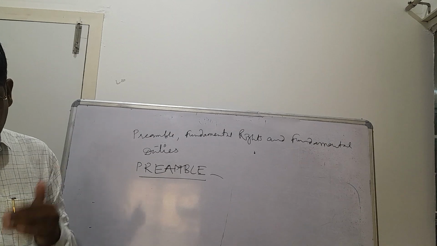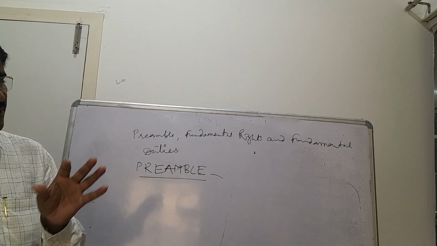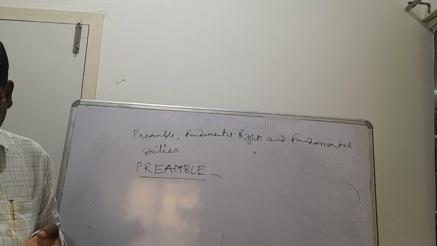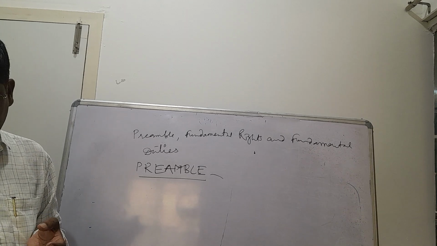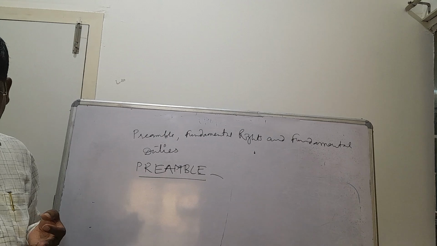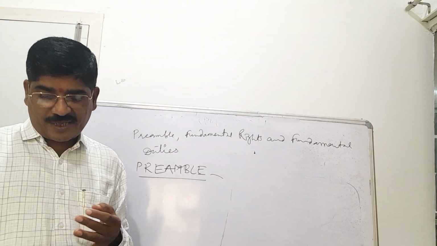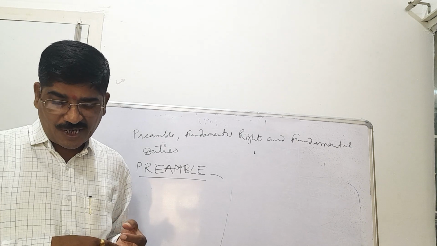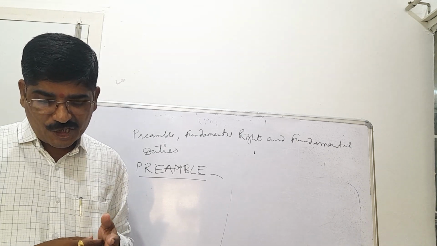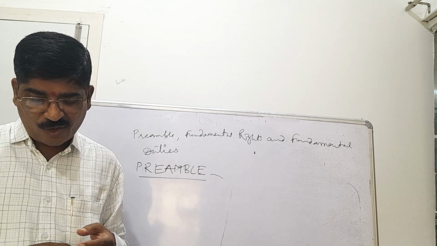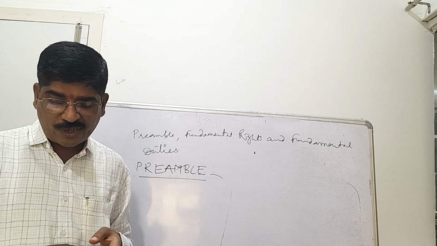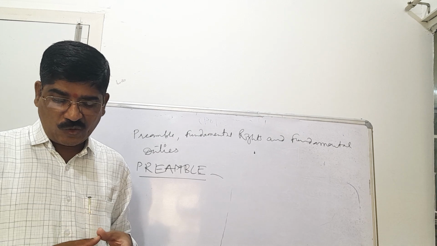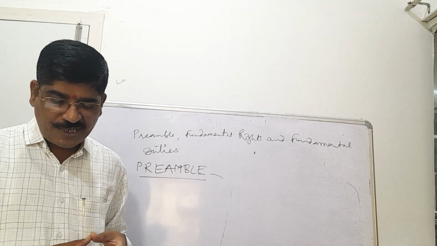Here, in general, we have the first part, which is about the definition, where we have seen that unless the context otherwise requires, the state includes the government and the Parliament of India and the government and the legislature of each of the states and all local or other authorities within the territory of India or under the control of the government of India.